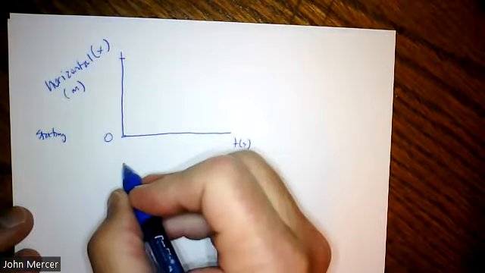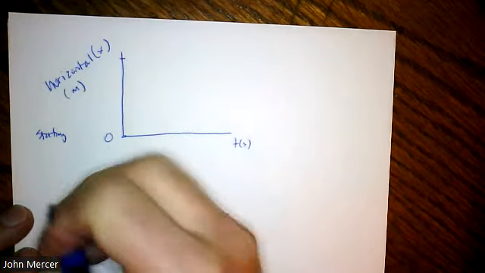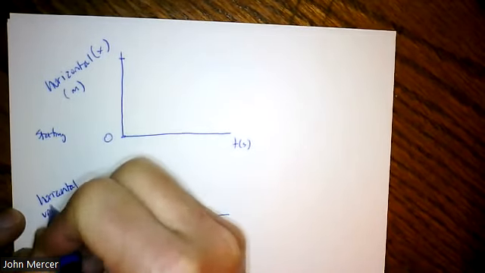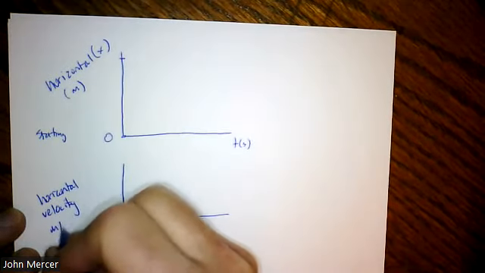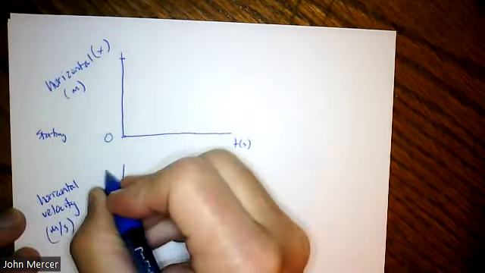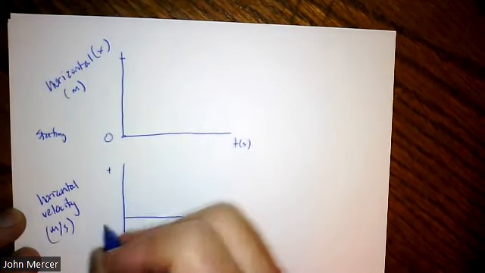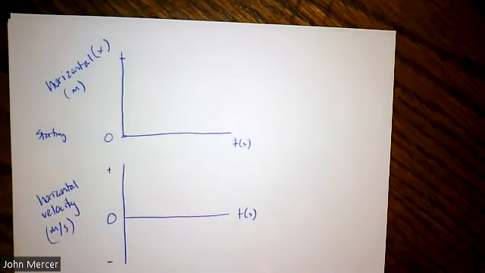Horizontal position. And then right below that, I'm going to put another plot, which will be horizontal velocity. And because I used meters here, I'm going to use units of meters per second here. And now I've got a region for positive velocity and regions of negative velocity, and here's 0 velocity, and this is still time on this axis down here.